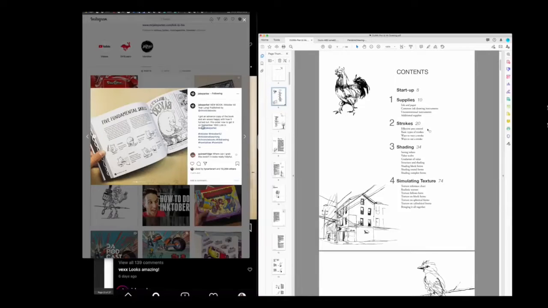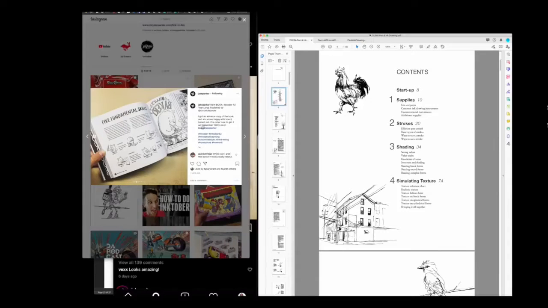Strokes, effective pen control, basic types of strokes. He calls it basic strokes. Ways to vary a stroke, the variations of a stroke. He has variation. Ways to use a stroke, how you apply strokes. Application of lines.